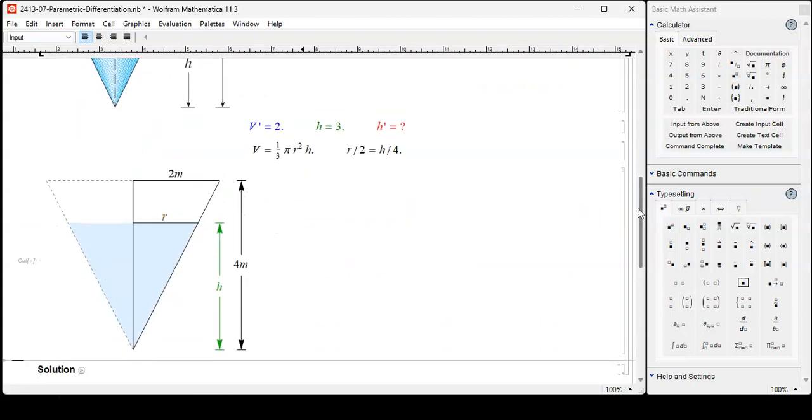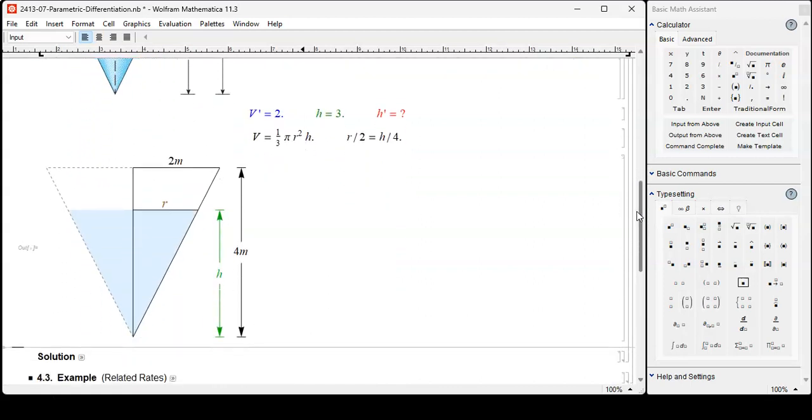If you look at the same picture sideways, you're going to get really a pair of triangles like this. And then R changes with H. And then total 2 meters, 4 meters. So R to 2 is H to 4. That's the relation. So you see R, highlighted in brown, to 2 is H to 4.